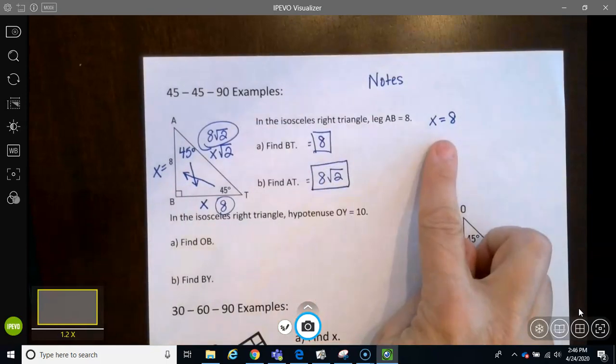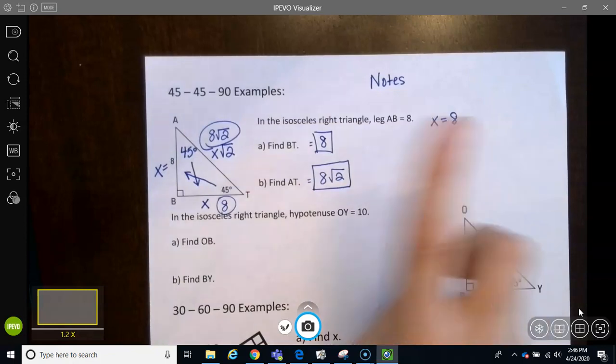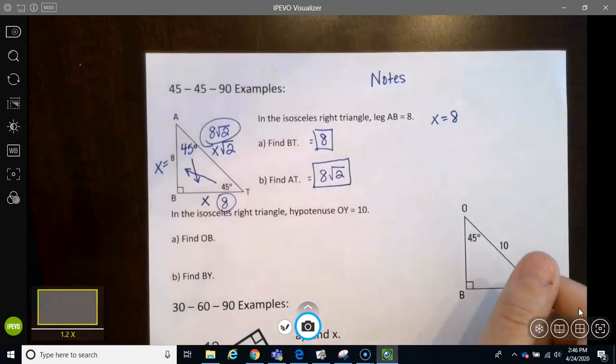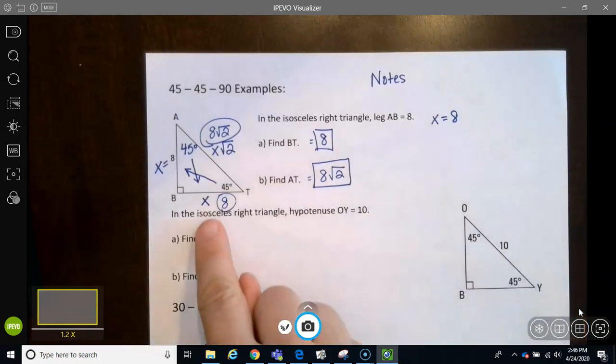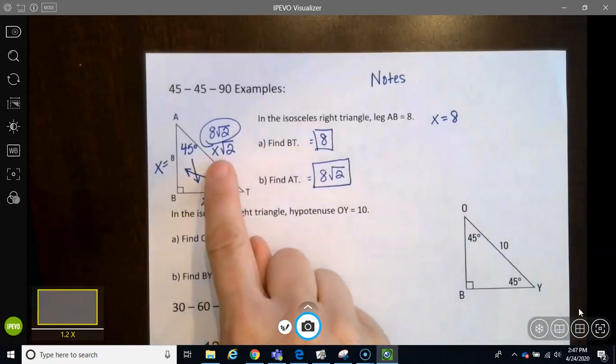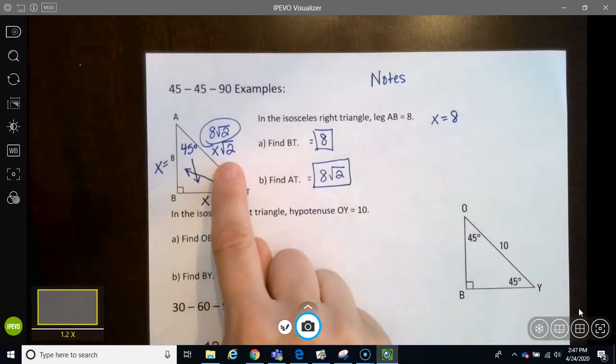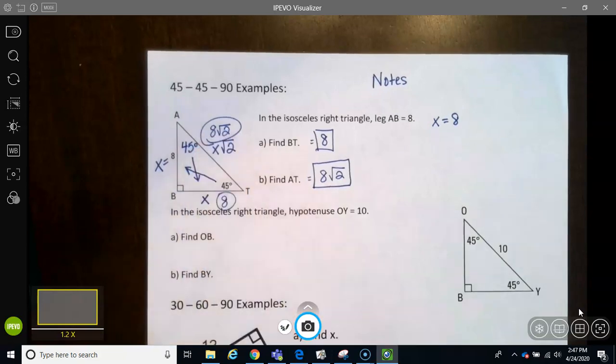And then my goal would be to get x by itself. It's already by itself on that one. And then replace x with 8 for the other two sides and get your answers for the lengths of those sides. So this side, since it was just x, it's just 8. This side, since it was x square roots of 2, then that's 8 square roots of 2. And those are our answers.